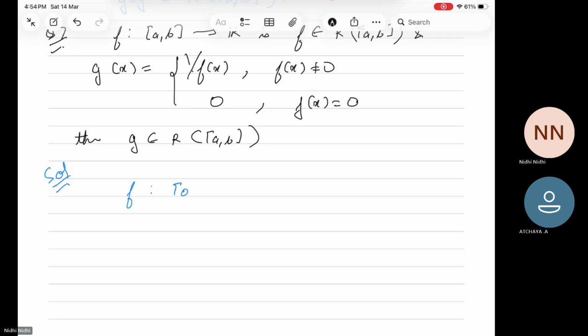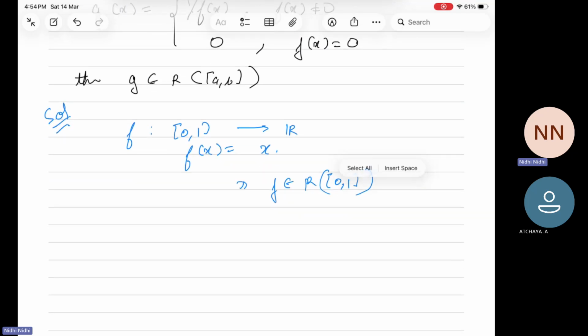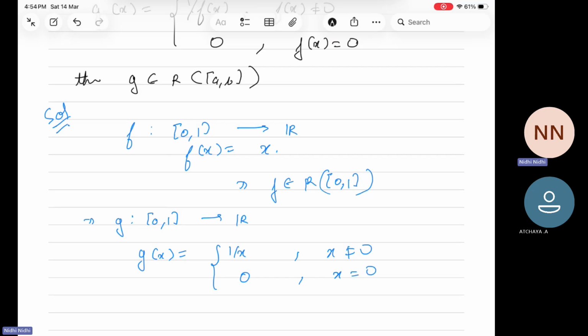Define f from the closed interval 0, 1 to R, f(x) equal to x. We know that f(x) equals x is a continuous function defined on a closed and bounded interval, therefore it will be Riemann integrable. This f is Riemann integrable on 0 to 1. And if we define g exactly in a similar way, then we have g from the closed interval 0, 1 to R, and g(x) will be equal to 1 by x when x is non-zero and equal to 0 whenever x is 0.